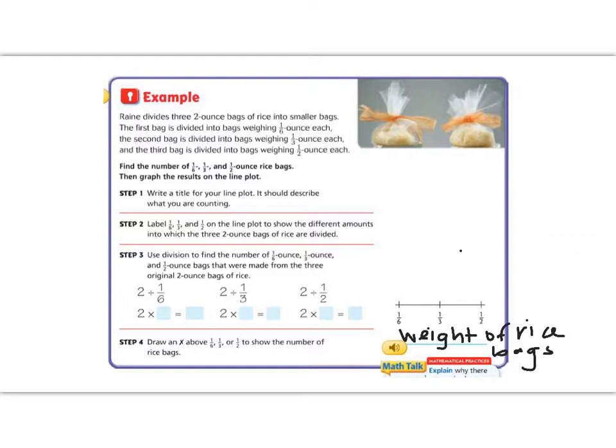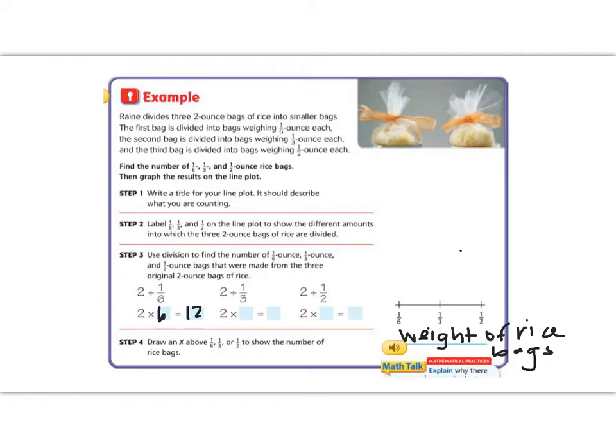And now we're going to use some division to find the number of 1/6, 1/3, and 1/2 bags that are made so that we can graph them. So the first thing we have is 2 divided by 1/6. Remember that we want to use the keep, flip, change method. So 2 times 6, flip it upside down, is 12.